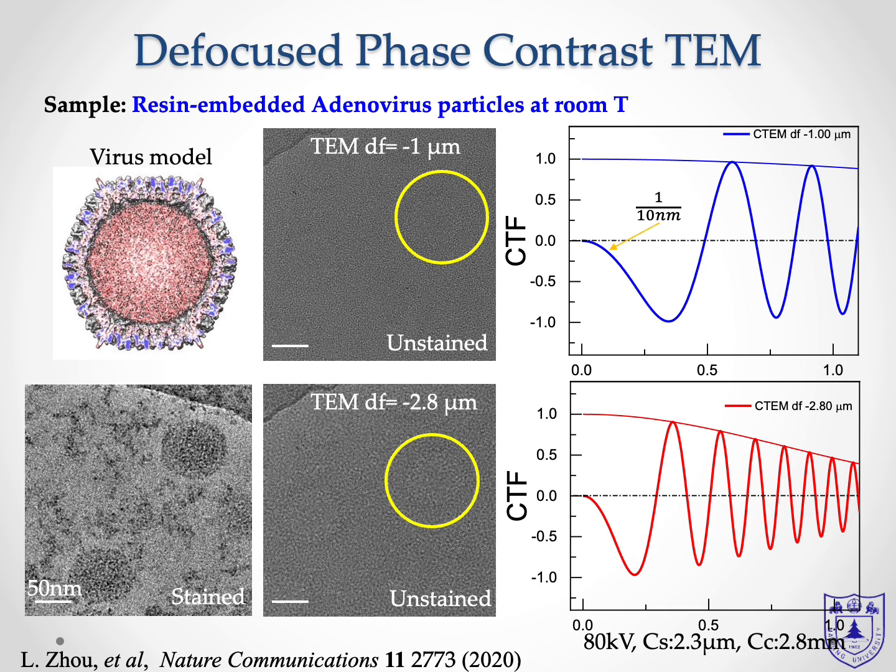imaging. To enhance the overall shape of the particle, ideally we need the transfer function to cover this bandwidth somewhere below 1/20 nanometer.